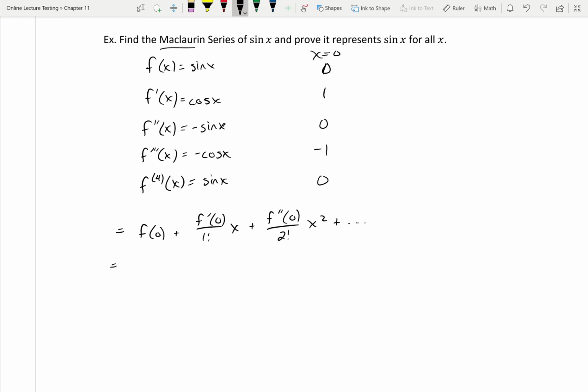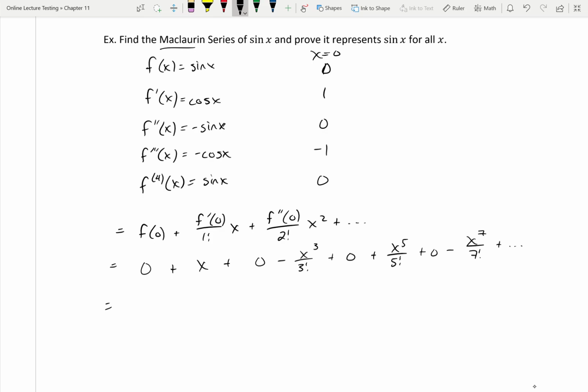Well, this is equal to f of 0, which gives me 0, plus x, plus 0, minus x cubed over 3 factorial, plus 0, plus x to the 5th over 5 factorial, plus 0, minus x to the 7th over 7 factorial, and so forth.